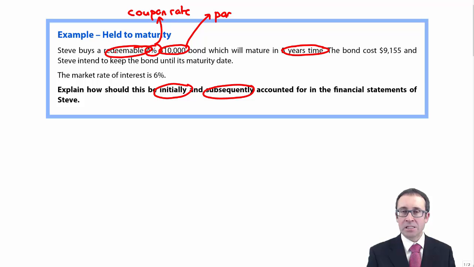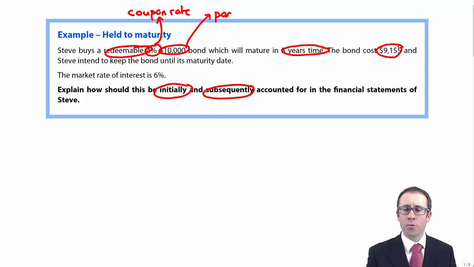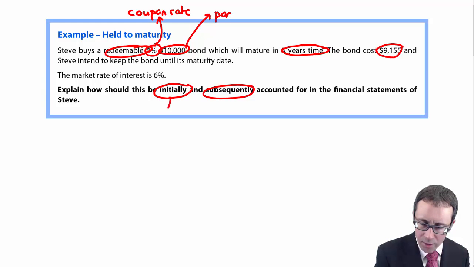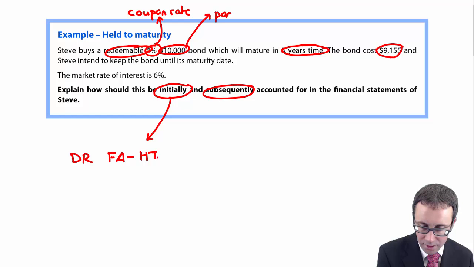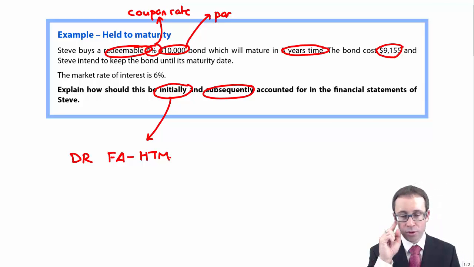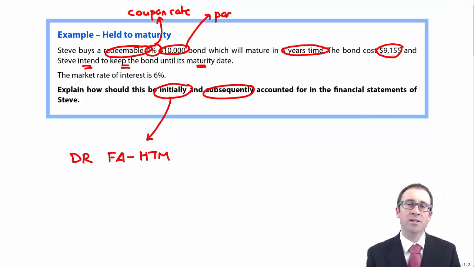It's the accounting treatment that's tricky, because the bond cost us 9,155. So that's the amount that we paid. So if we're looking at our initial treatment, then we're going to debit a financial asset. Here it's HTM, held to maturity, as we have the intent to keep the bond until its maturity date.